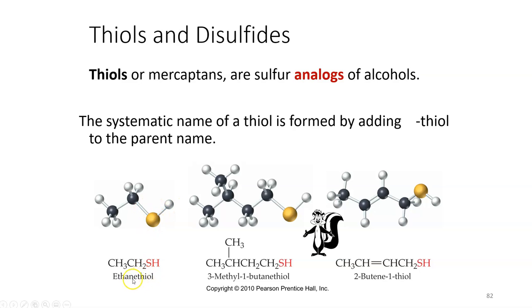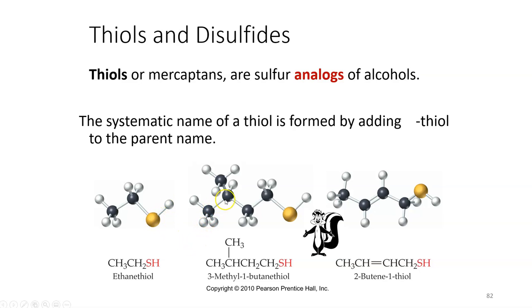That's why, instead of the -ol ending, we add the thi part to the naming. So ethane is the backbone, and we say ethanethiol. We add that thiol part to the back end of the word to tell us that there's a sulfur group in there. And again, it's an analog of an alcohol.